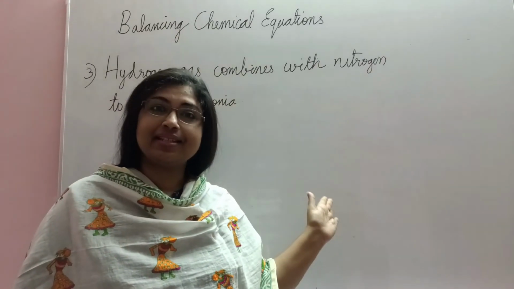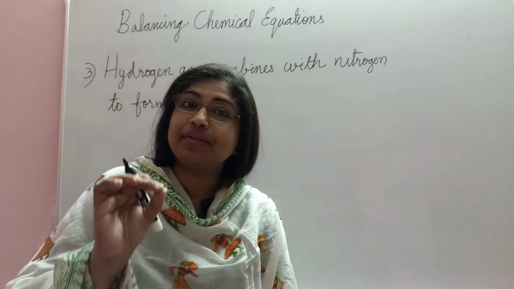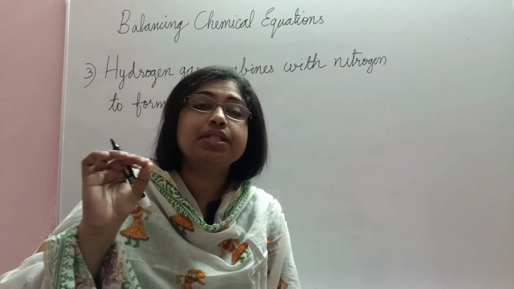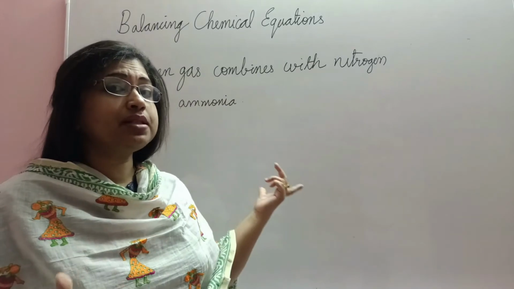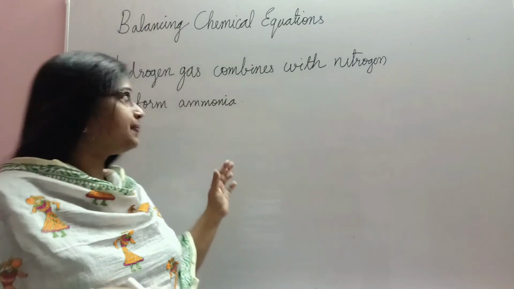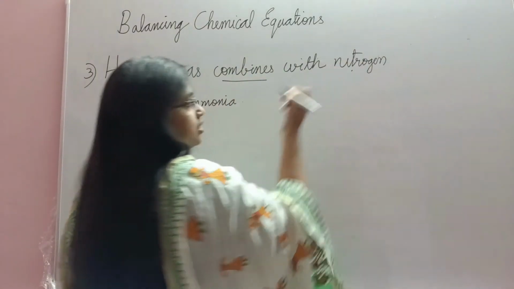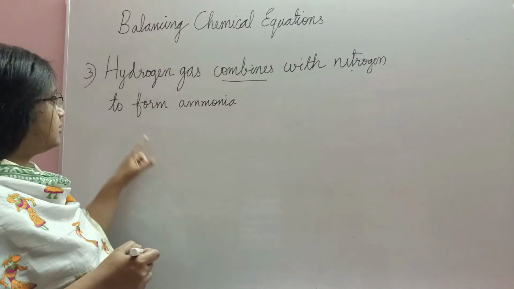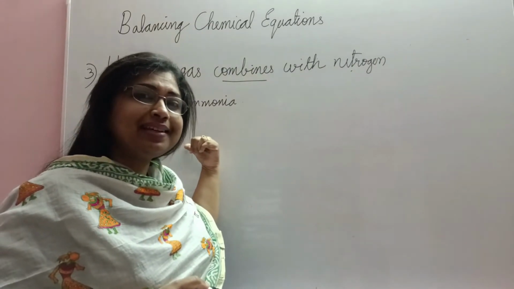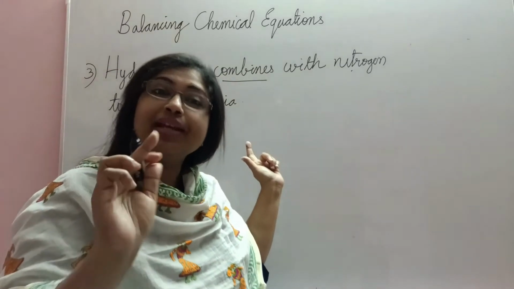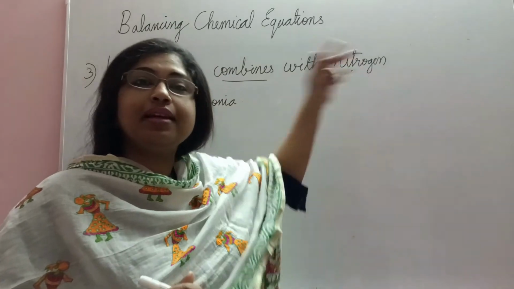When you get a statement like this, first you need to identify which are the reactants and which are the products formed. Okay, so from here can you make out which is the product and which are the reactants? Hydrogen gas combines with nitrogen to form ammonia. So what is formed here? Ammonia. So ammonia is the product and hydrogen and nitrogen, they are the reactants.